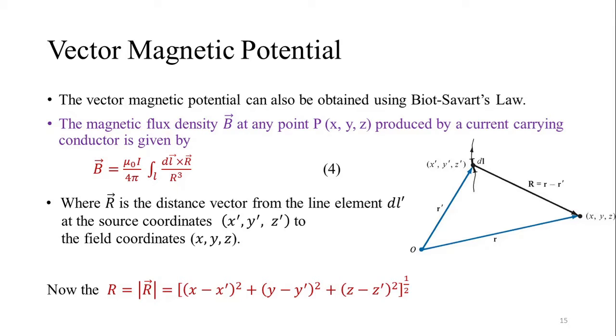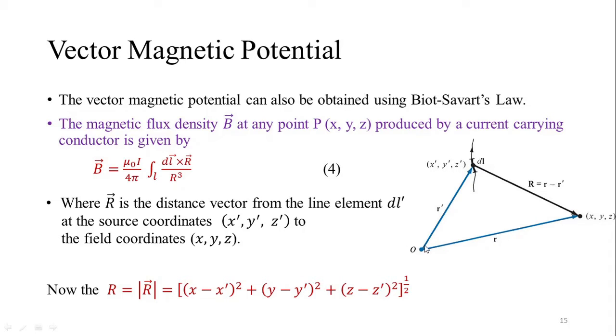Now let's take the Biot-Savart law and try to derive the magnetic vector potential A vector from it. The Biot-Savart law for a current carrying filament. Let's take the observation point P, which is at x y z, and here is the filament conductor, and the differential element is at x dash y dash z dash.